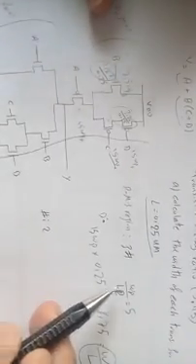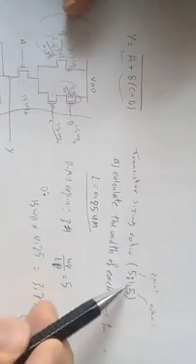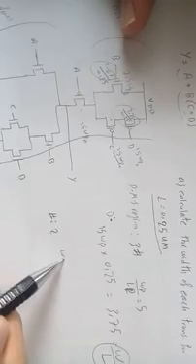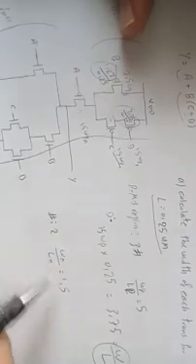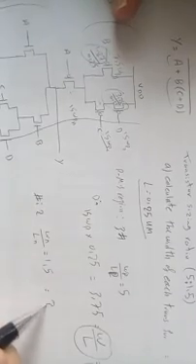We have a ratio of 1.5, so omega n over L n will be 1.5. Just multiply it, it will be 3.